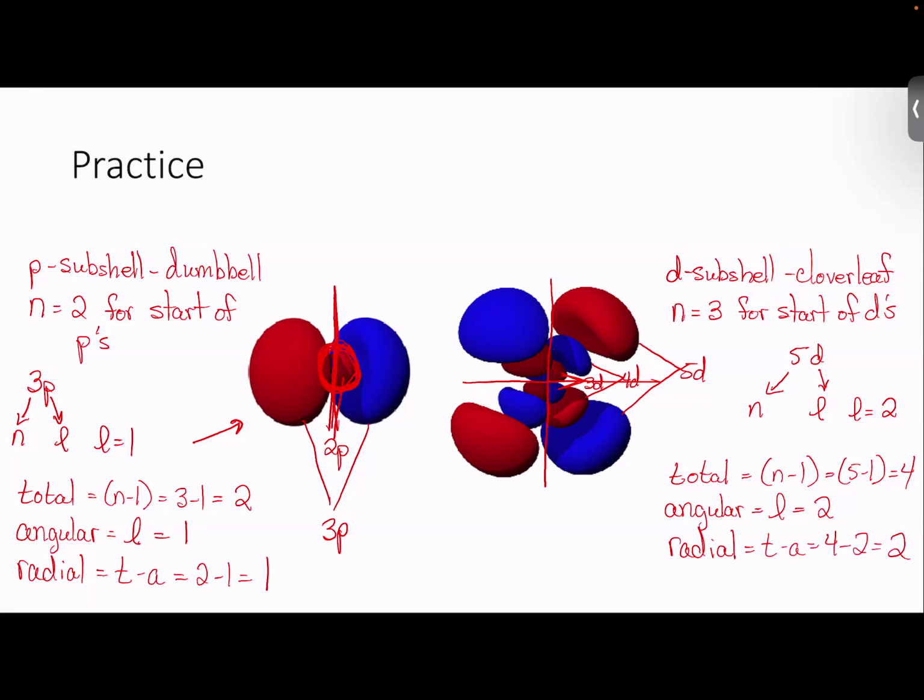So there are 2 radial nodes. The radial nodes, being a circle, will separate the D subshells.